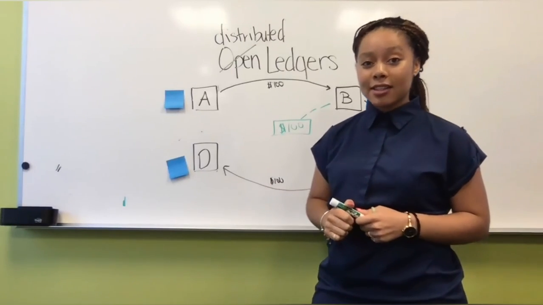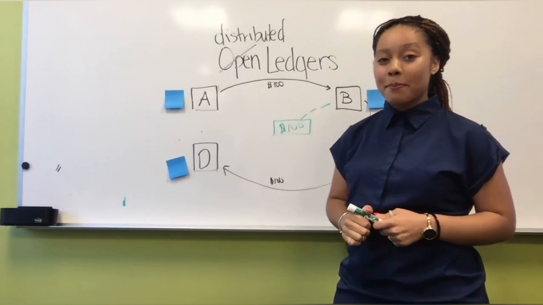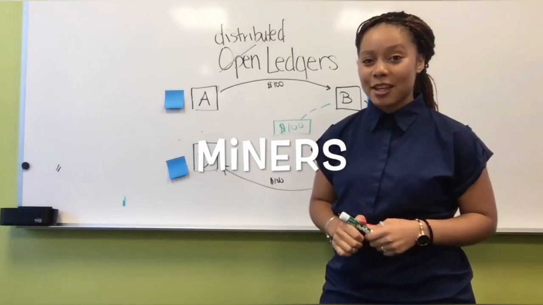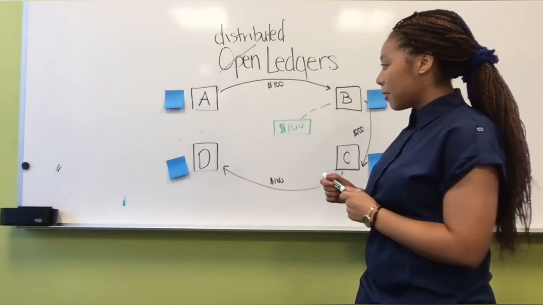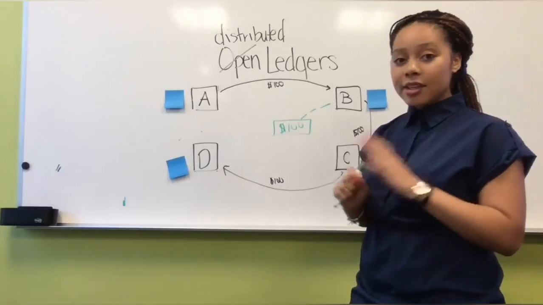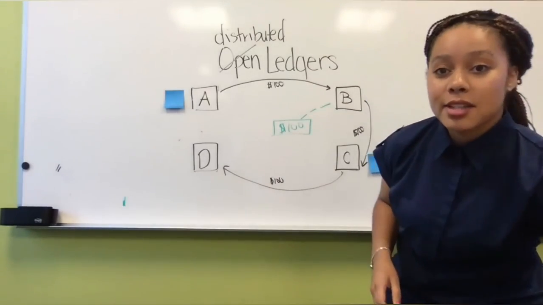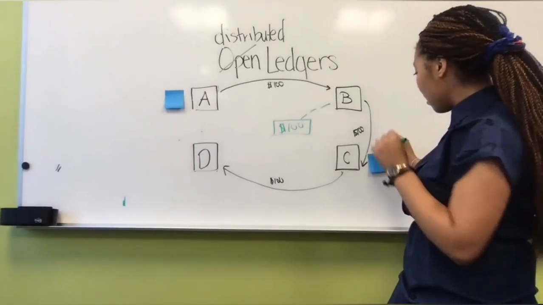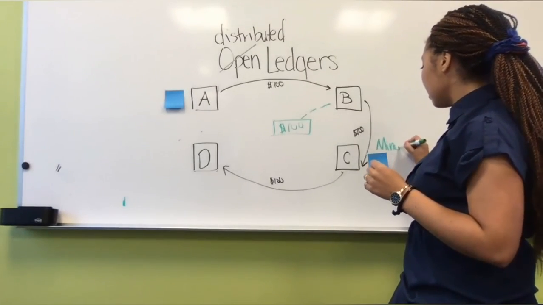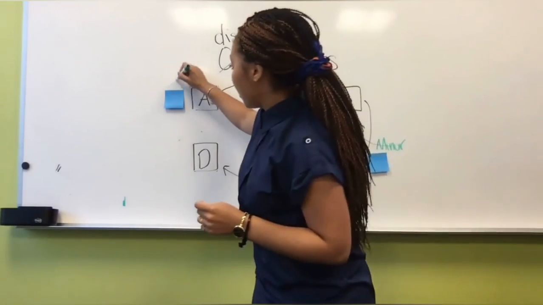Now, who can validate this transaction? Miners. There's this concept called miners. In this example, let's just have A and C be the miners in this party. So we'll call C a miner, and we'll call A a miner.